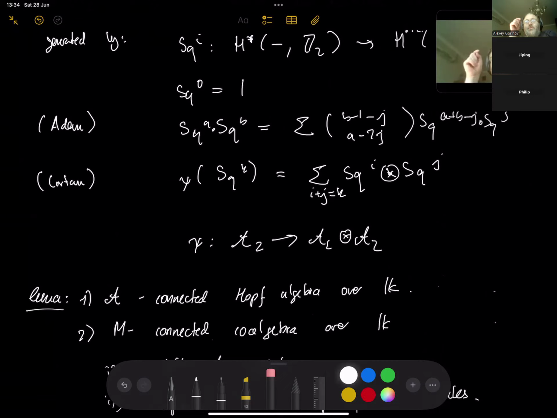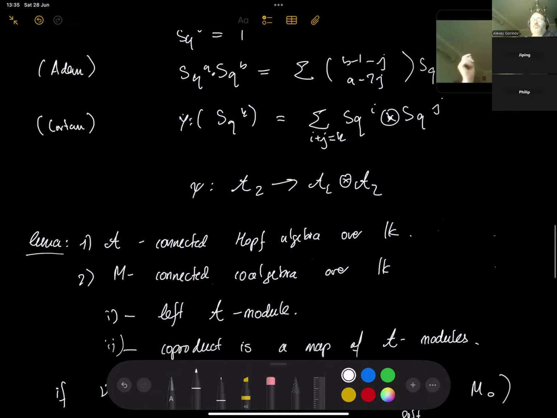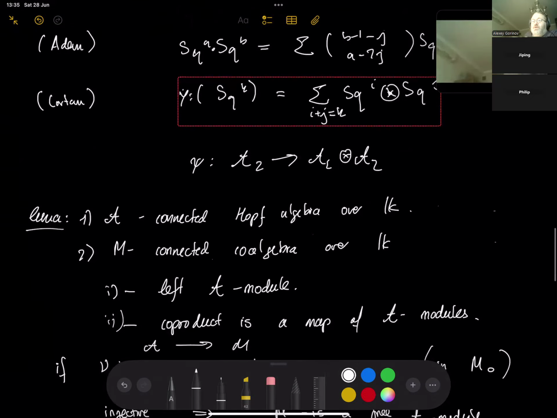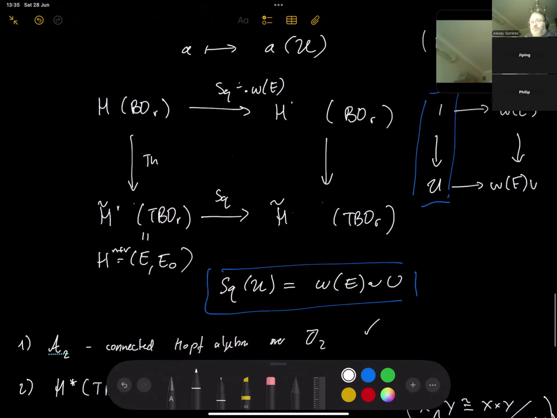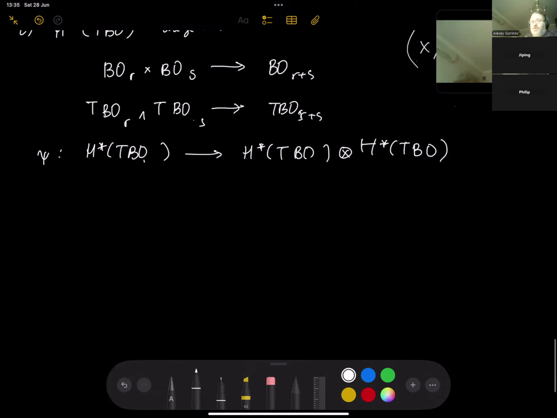Maybe I should call it something different. This psi is not the same as the... oh, sorry, no, this one is the same. So this is the co-product. Okay, so we have a product and a co-product, so we have a bi-algebra.